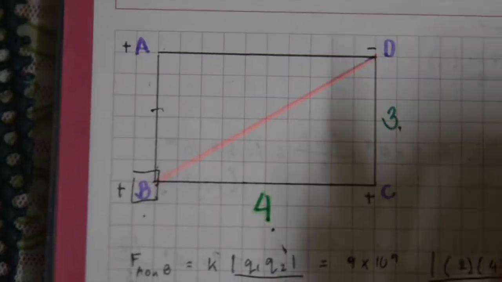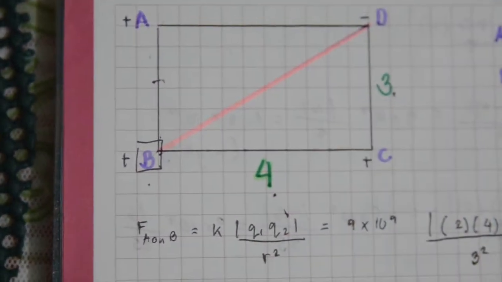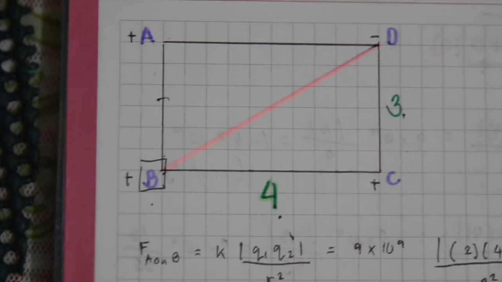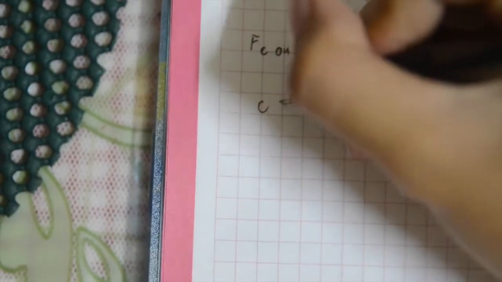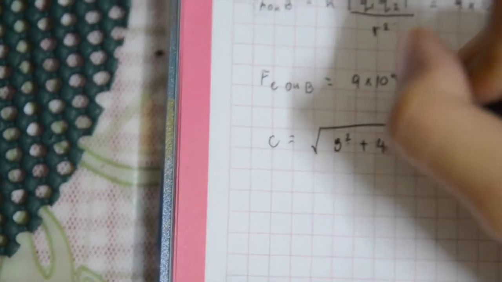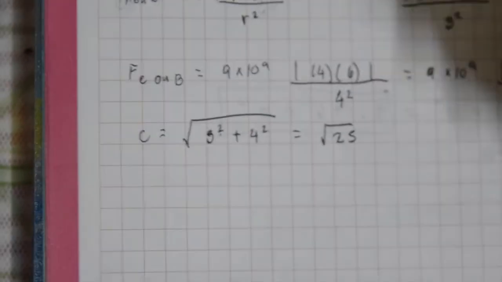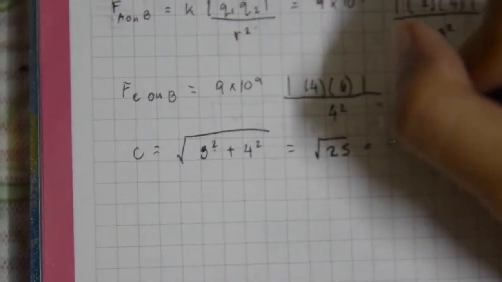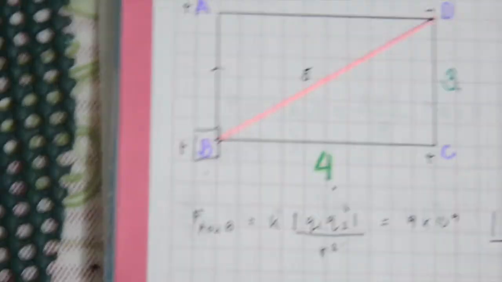To solve this, we need to find the length of this diagonal first. In this case, we can use the Pythagorean theorem. Let's use C equals the square root of 3 squared plus 4 squared. That will give us the square root of 25, which means that the length is 5.